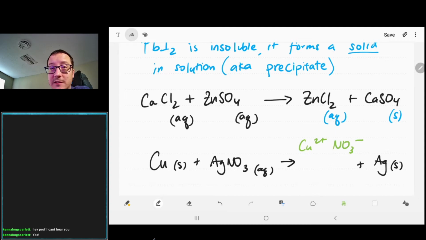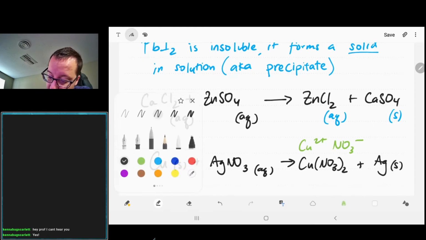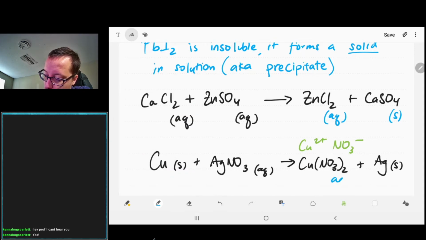Silver, of course, would be solid because it's an element that is a metal. Metals are typically solid, except for mercury. Our other compound would be the copper 2 nitrate. We would expect that one to be aqueous, hopefully, because we see the nitrate there. Anything with nitrate will always be soluble. If it's soluble, it's going to be aqueous in the reaction.